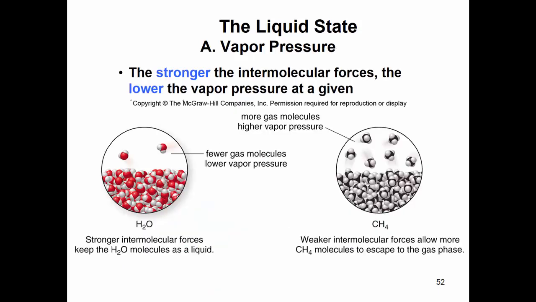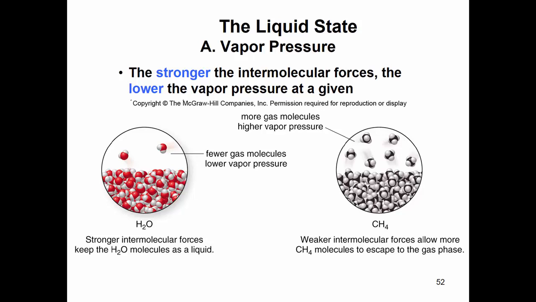So what can be confusing is we've just previously talked about in the previous videos intermolecular forces. The stronger the intermolecular force, the lower the vapor pressure. And that is sort of opposite of what students are thinking at this point. So let me try to explain this to you.